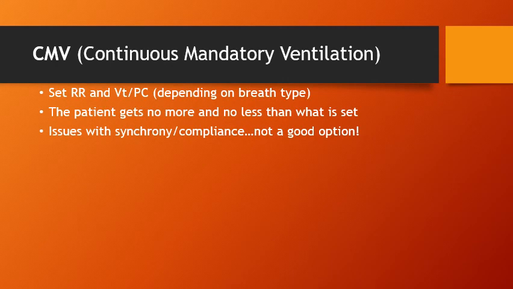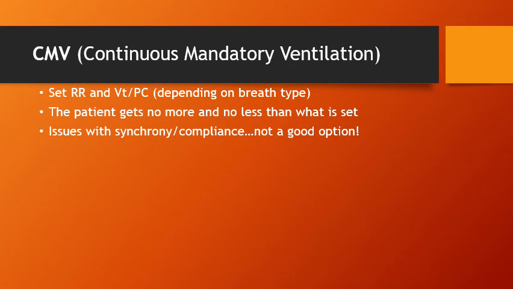So our first mode is CMV, again, continuous mandatory ventilation. In this mode, you are going to set the respiratory rate, and then you're going to set either the tidal volume or the pressure control, like we talked about on the previous slides, depending on the breath type. The patient is going to get no more and no less than what is set.